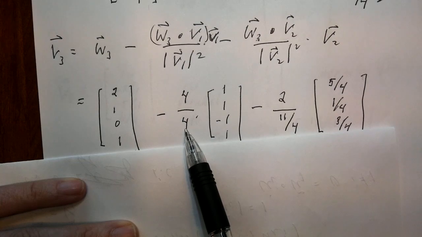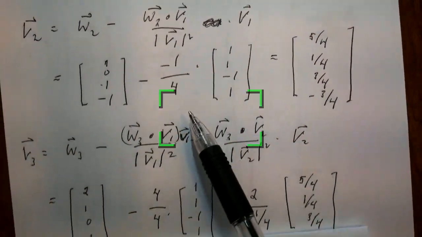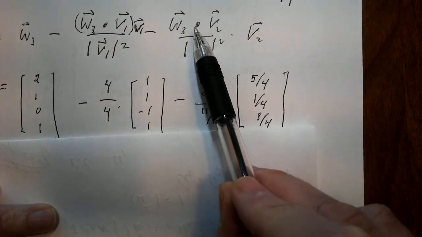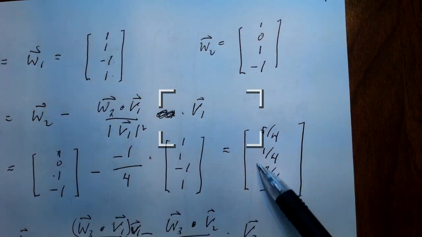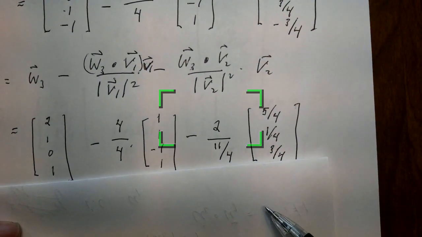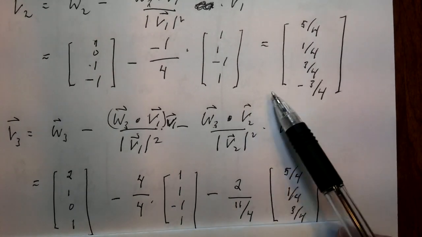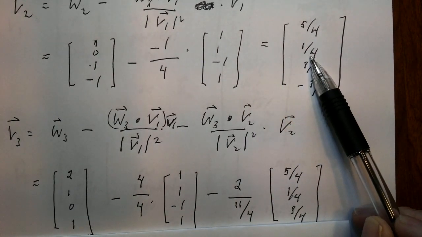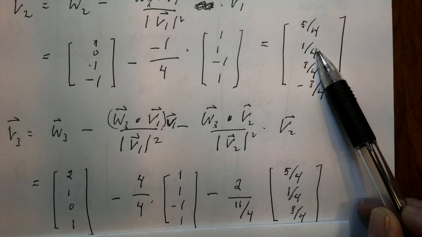The length of v1 squared is 4, and then this is v1, which we computed a few minutes ago. If I take the dot product of w3 and v2, where's w3 on this page? There's w3. There's v2.